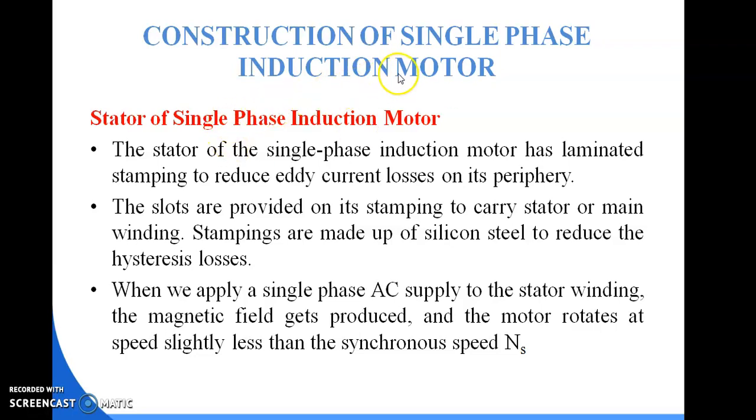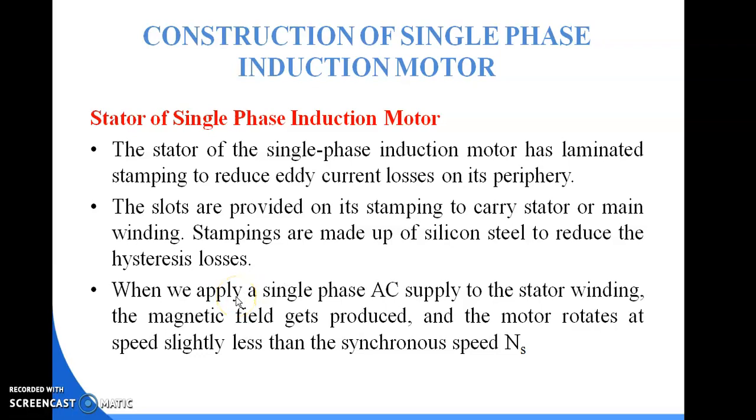The stator of a single phase induction motor has laminated stampings to reduce the eddy current losses on its periphery. The slots are provided on its stamping to carry the stator winding. Stampings are made of silicon steel to reduce the hysteresis losses.